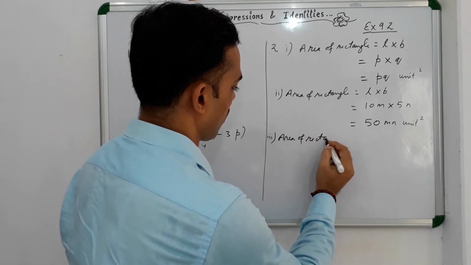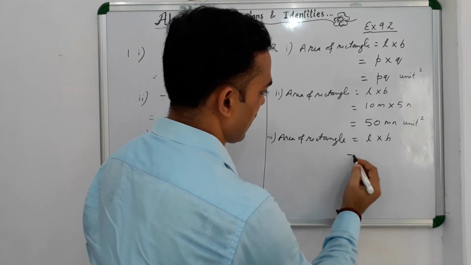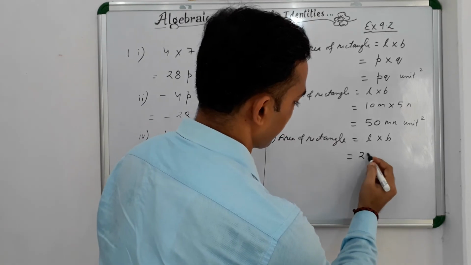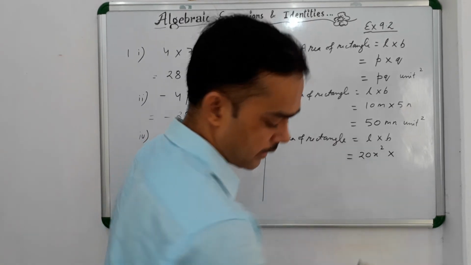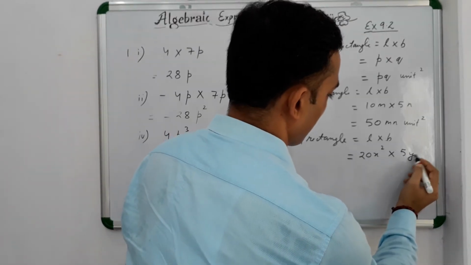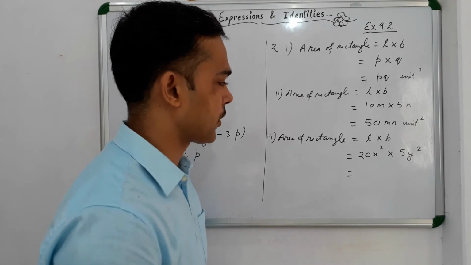rectangle. Formula you people know that it is length into breadth, and in third part the length that is given is 20x square and the breadth that is given is 5y square. So once again they both are positive, so the multiplication will be positive.